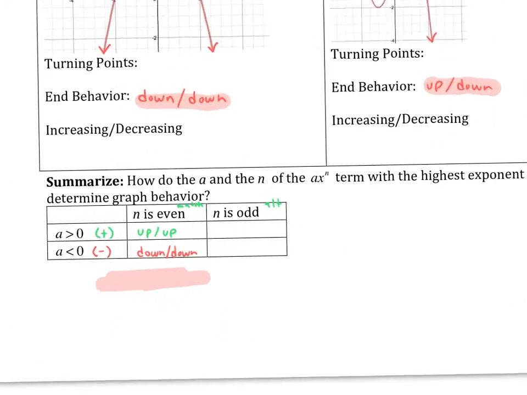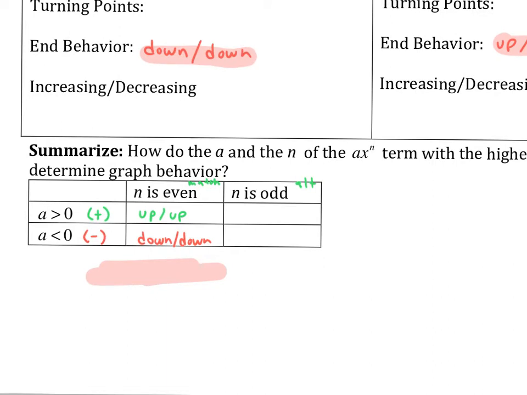So let's break that down. When we have a positive coefficient, it goes down, up. And this one here is up, down. I like to consider this in this manner.